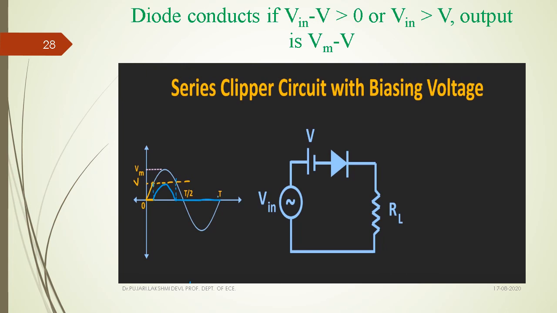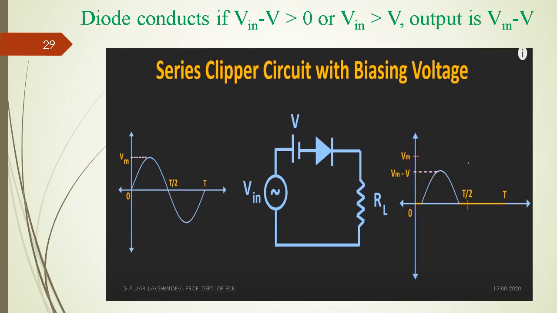Like this we have the input voltage, and this is the output voltage compared to the input. After crossing this point again, whenever the input voltage Vin crosses this particular point, the anode voltage is lesser than the cathode voltage. The diode becomes reverse biased. In this case, let us see what the output is.